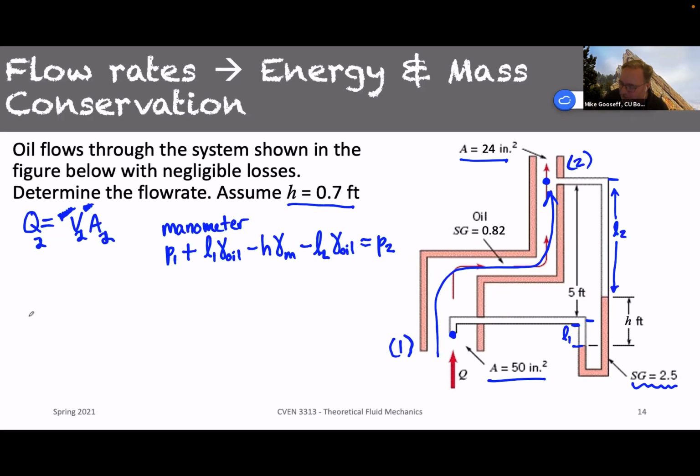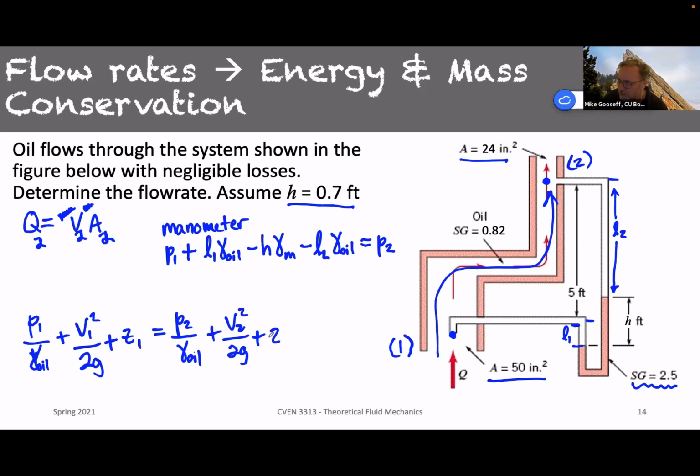Okay, so the last thing then, before we start working on this in earnest: P1 over gamma oil plus V1 squared over 2g plus Z1 is equal to P2 over gamma oil plus V2 squared over 2g plus Z2.